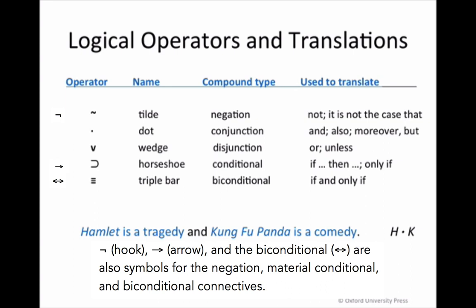Now, in some versions of the system that we're learning, we might start with using H for Hamlet and then another case of T, not a capital T, but a lowercase t, for tragedy. Or we might have capital T for tragedy and lowercase h for Hamlet.